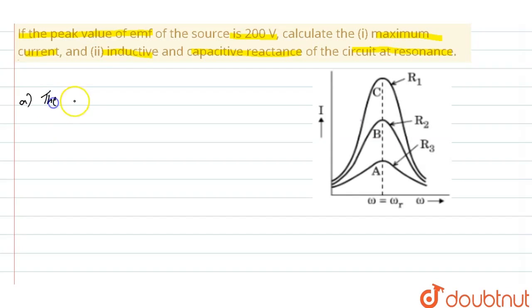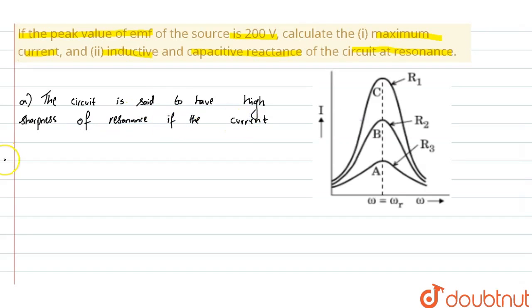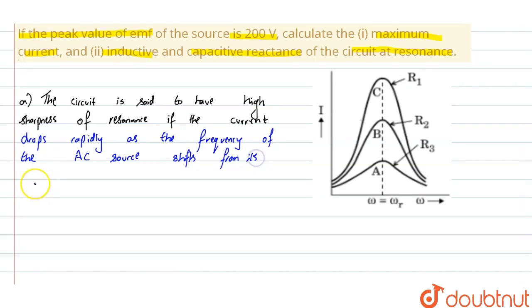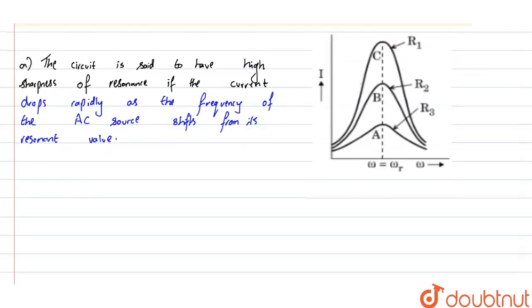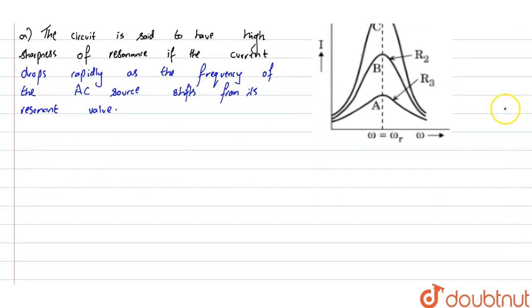So, the circuit is said to have high resonance or high sharpness of resonance if the current drops rapidly as the frequency of the AC source shifts from its resonant value.